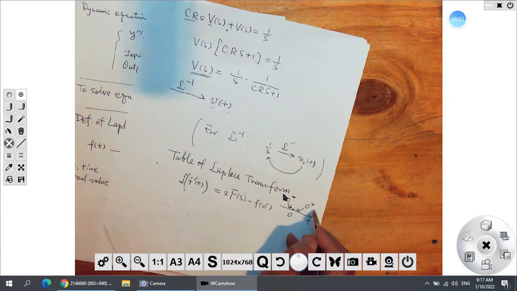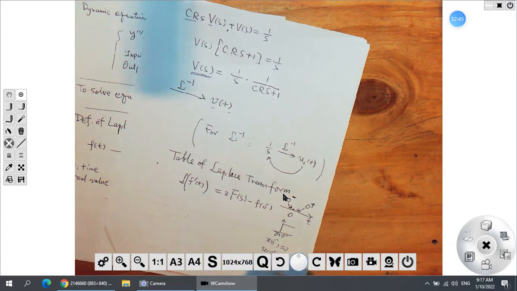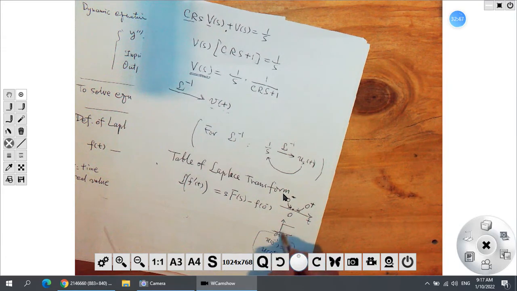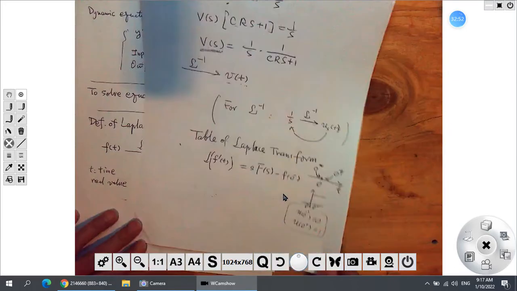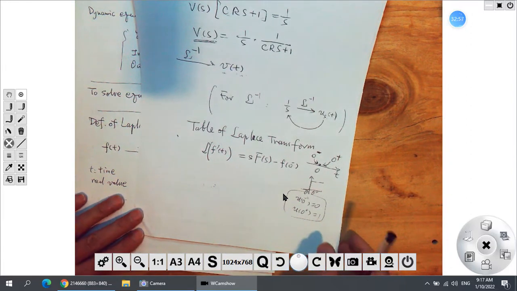And this side is t, time is still 0, but on the positive side. This is on. Like the switch looks like this, right? So this side is 0 minus. This side is 0 plus. The u of 0 minus, you think it's 0. And u of 0 plus, you think it is 1. Things like that. This is the switch.